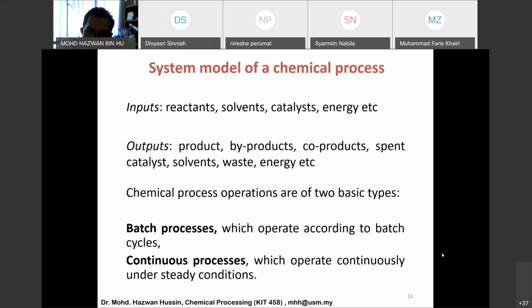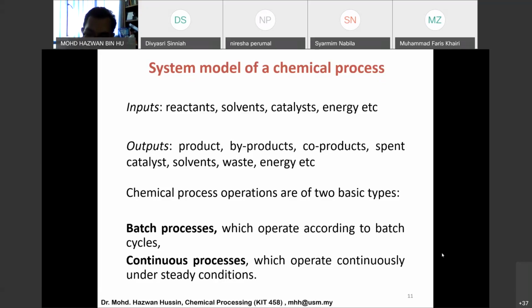So chemical process operations are of two basic types. You have batch process, which operates according to the batch cycle, and then continuous process, which operates continuously under steady condition. So the difference between batch process and continuous process: batch process, you can imagine that it occurs in a cycle.